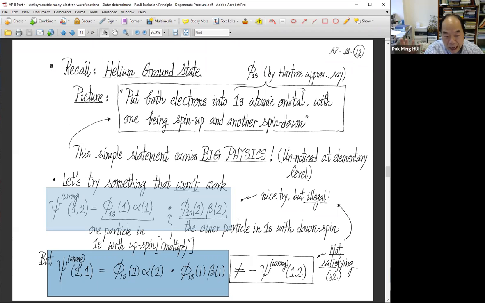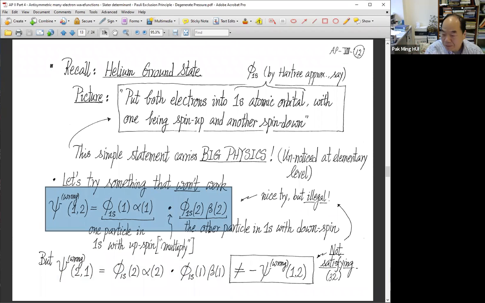No. That is to say, this particular one that we have in mind, two electrons in 1s, one up spin, one down spin, written in this way, does not satisfy our antisymmetric requirement. In fact, it does not satisfy any symmetry requirement about interchanging 1 and 2.